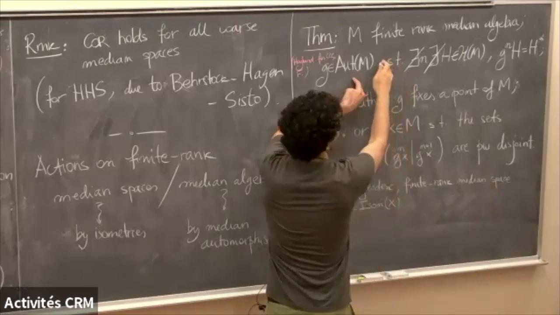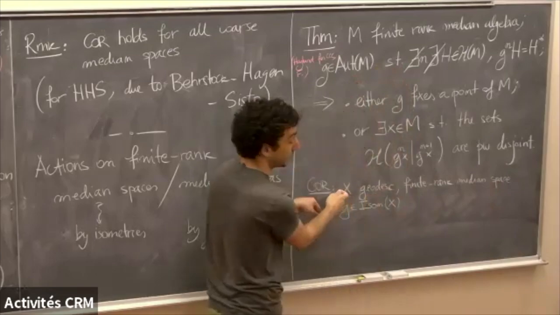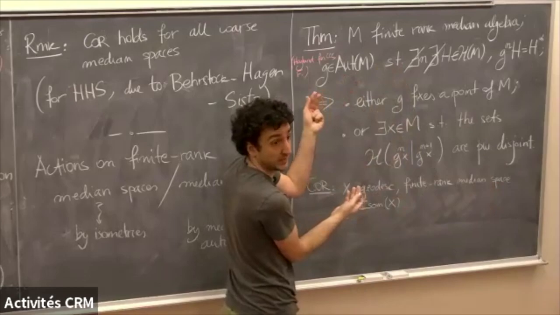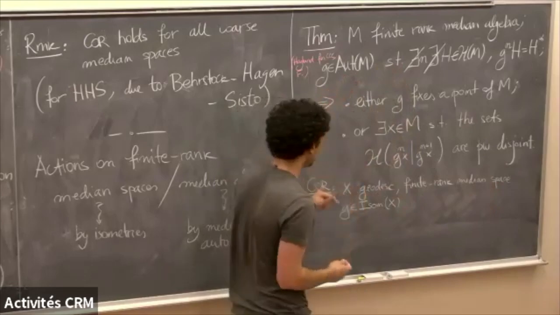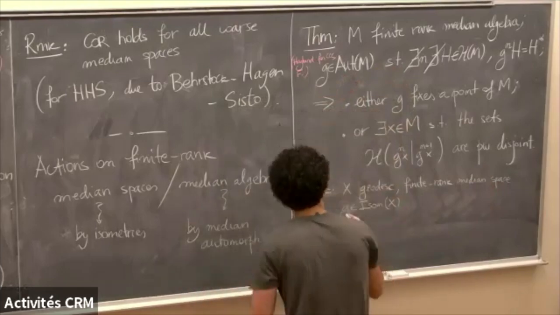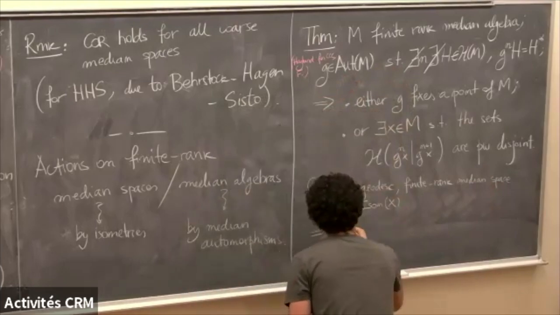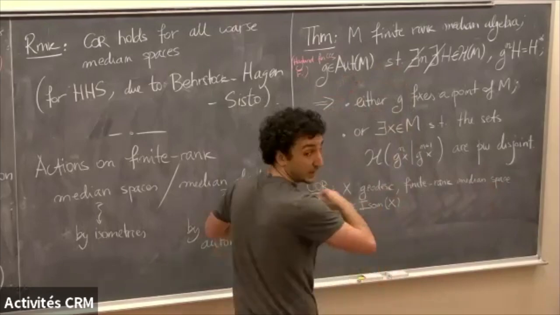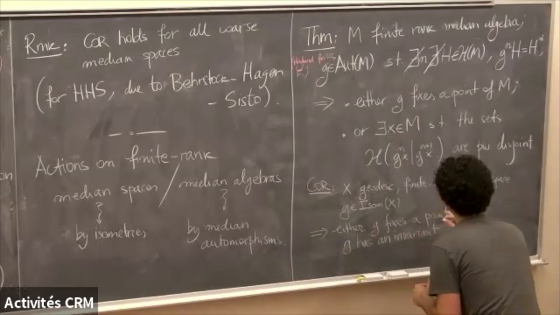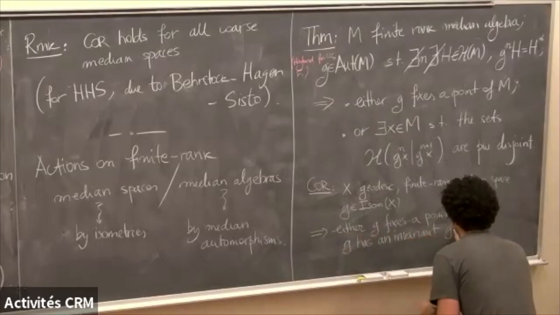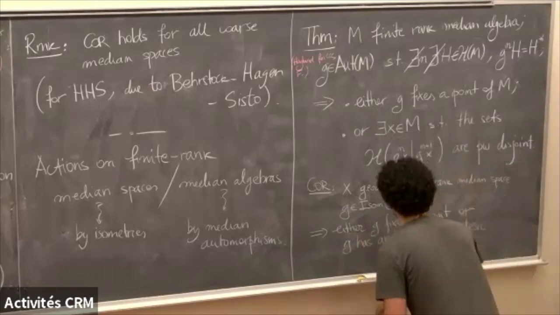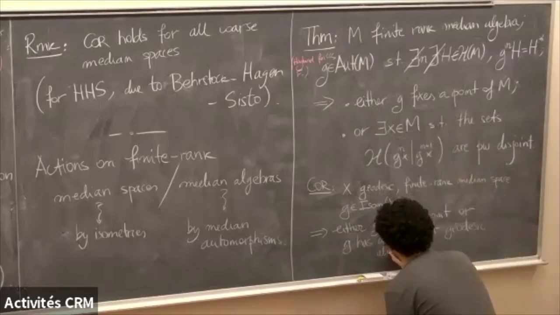So now you don't need this assumption anymore, because when the median space is connected, you cannot invert any half space, because they're either open or closed, and they cannot be both if they're connected. Then either G fixes a point, or G has an invariant geodesic along which it realizes the translation length, which is positive.